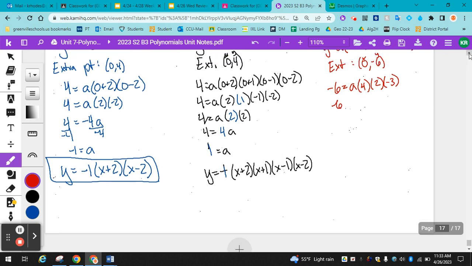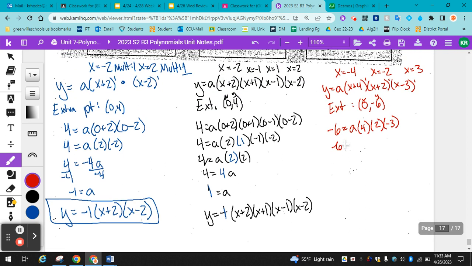I don't know why it keeps jumping like that. There we go. 4 times 2 is 8. Minus 3 is negative 24. Negative 24a. Divide by negative 24. So a is 1 over 4.